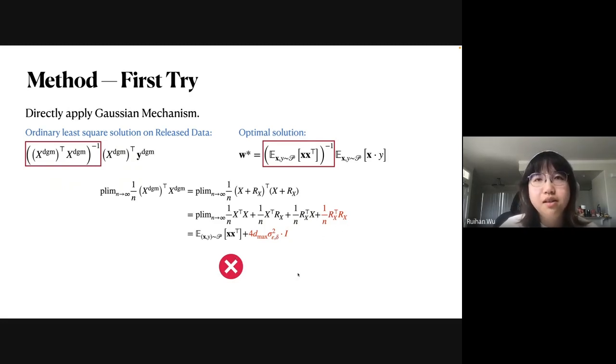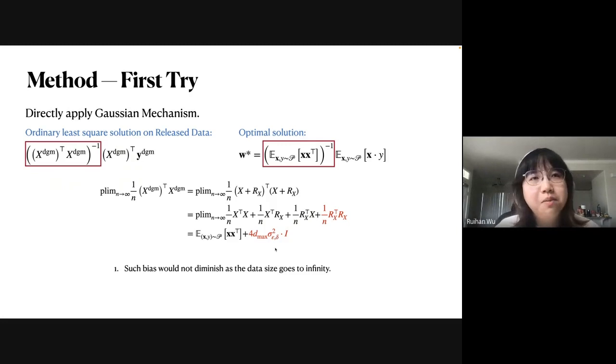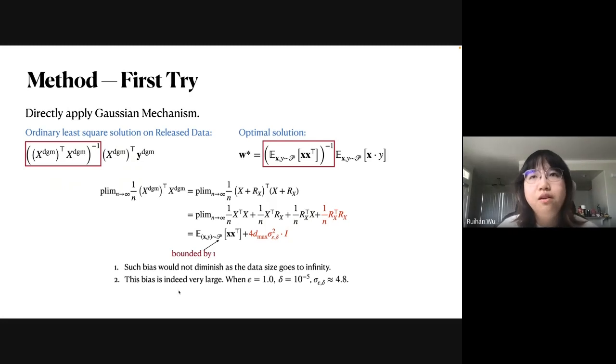So this bias is very bad. It's bad because such a bias would not diminish as the data set goes to infinity, which means that even if you have infinite data, the ideal case for differential privacy, this bias won't be overcome. And moreover, someone may say we can treat it as a regularization for the ordinary least squares solutions.